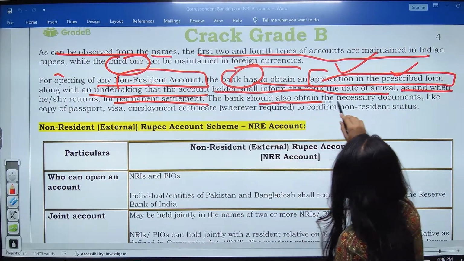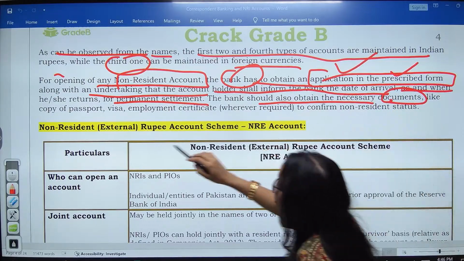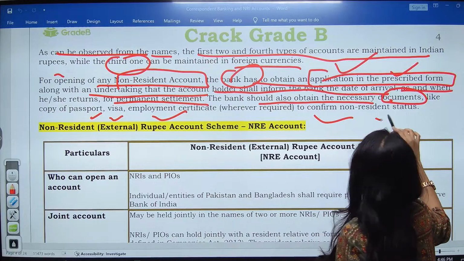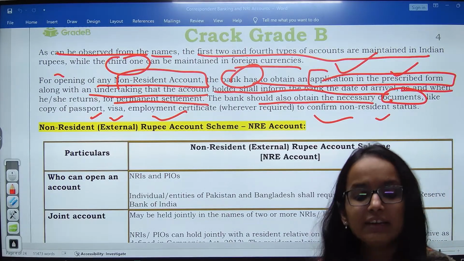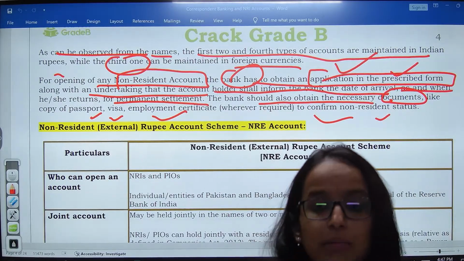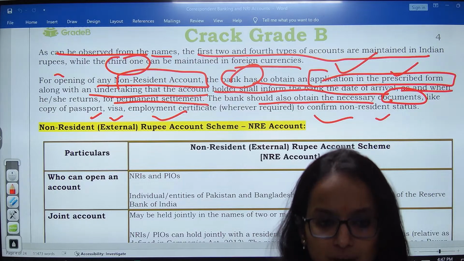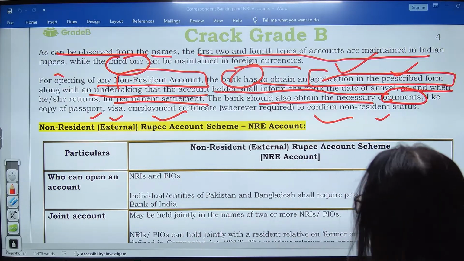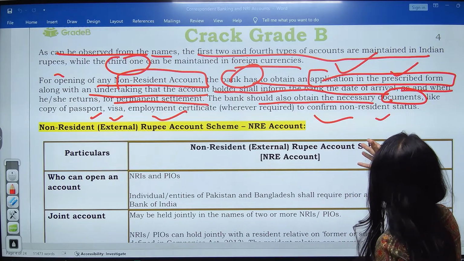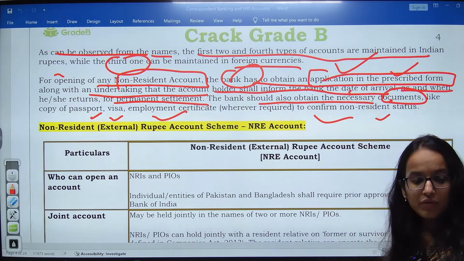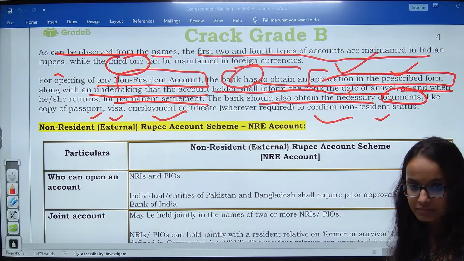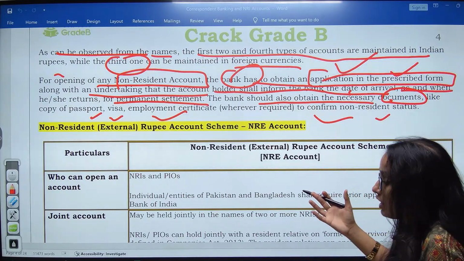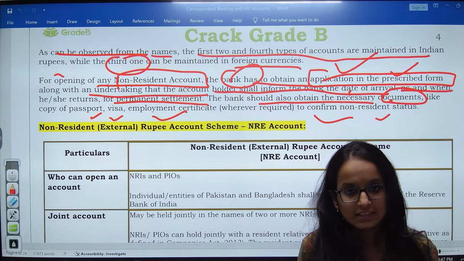The bank should also obtain necessary documents like a copy of passport, visa, and employment certificate to confirm the non-resident status. So you have to give a written application to the bank in the prescribed form, in which you need to tell the bank when you are coming back to India, if you are planning to permanently settle in India.